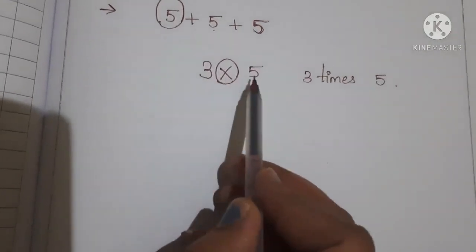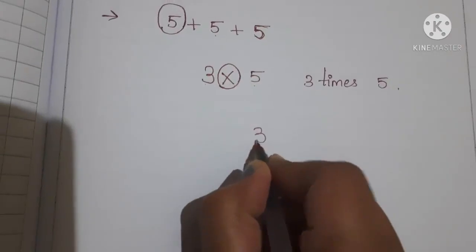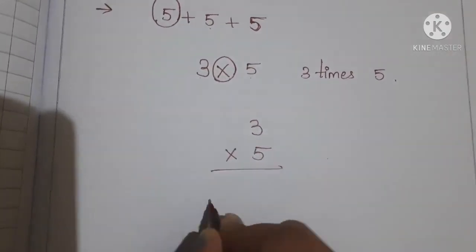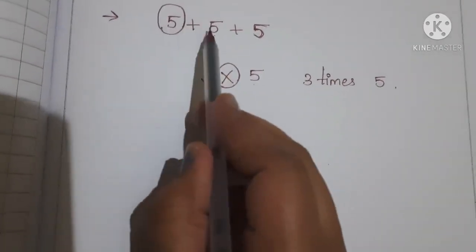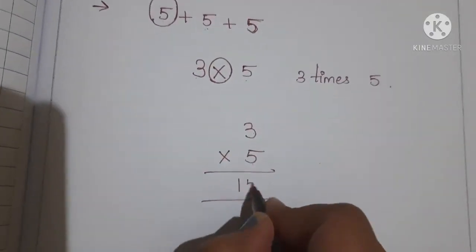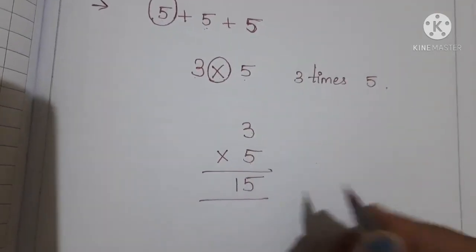And this 3 times 5 can also be written as 3 into 5. We can write it like this also. Now, what is 3 times 5? 5 plus 5 is 10. 10 plus 5 is 15. Right? 3 times 5 is 15.